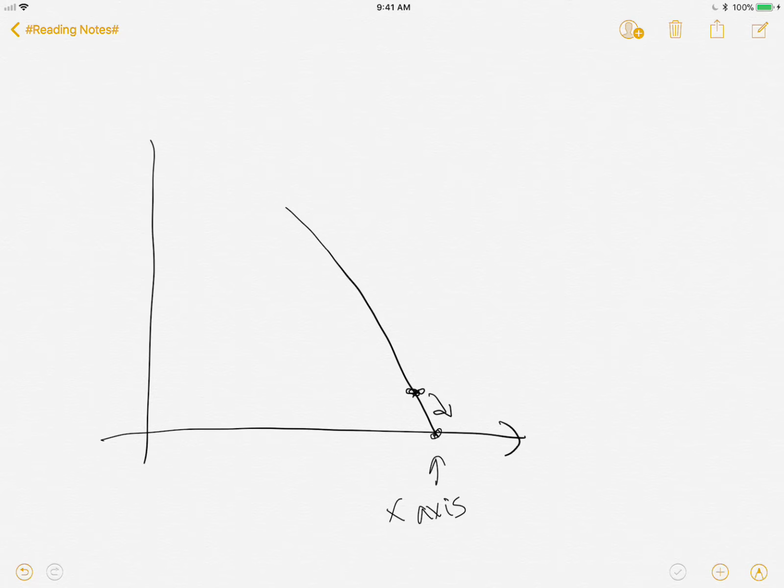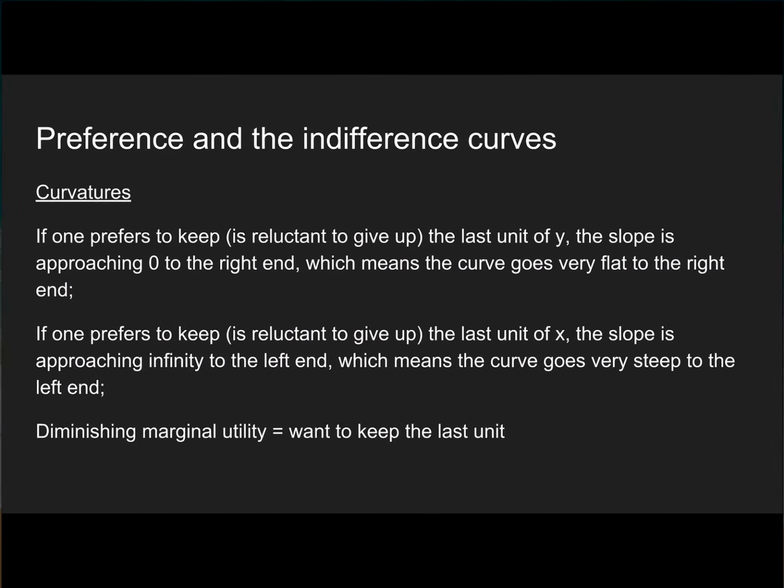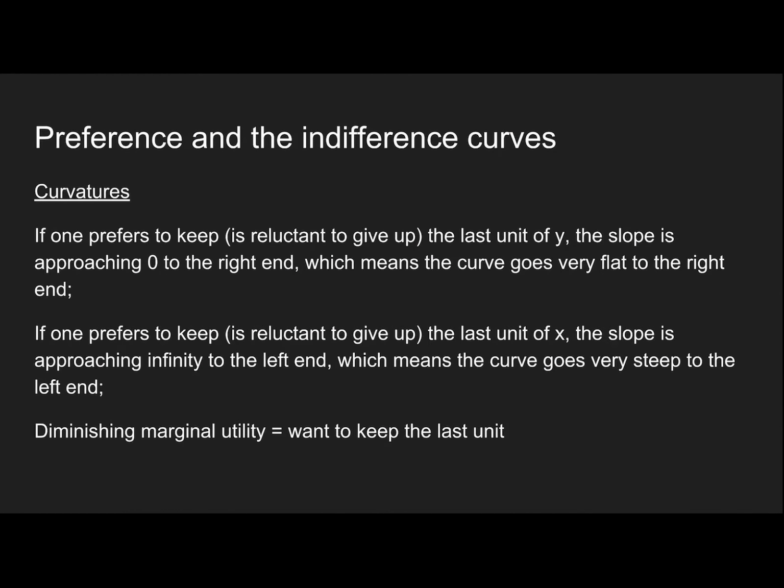But if the line looks like this, I'll use another color, and it takes a long time for the line to hit the x-axis, which means before you give up the last unit of y, you are requiring a lot of x's for compensation, which means you don't want to give up the last unit of y. And this concept will also help us answer the question. So please remember, if you prefer to keep the last unit of y, the slope is approaching 0 to the right end.